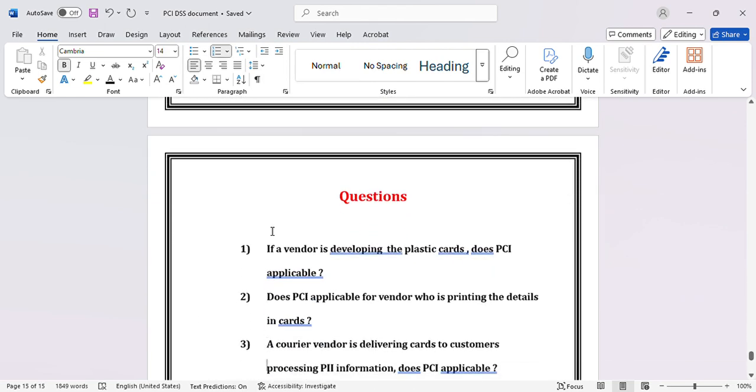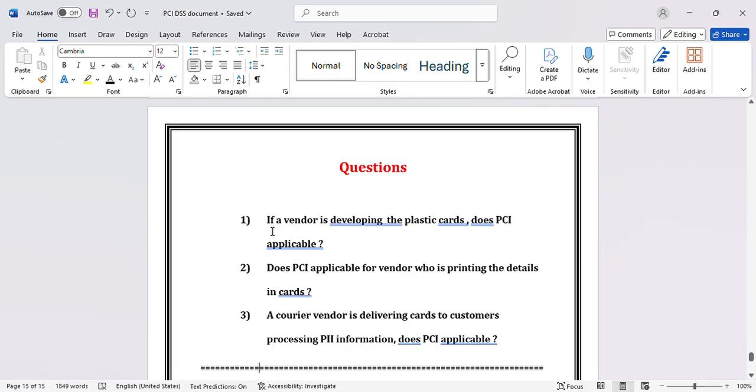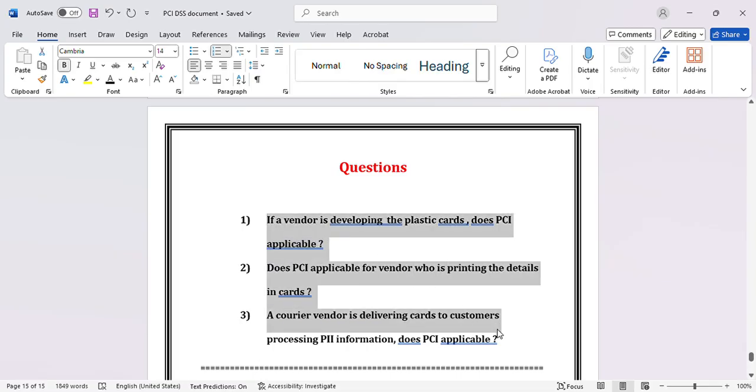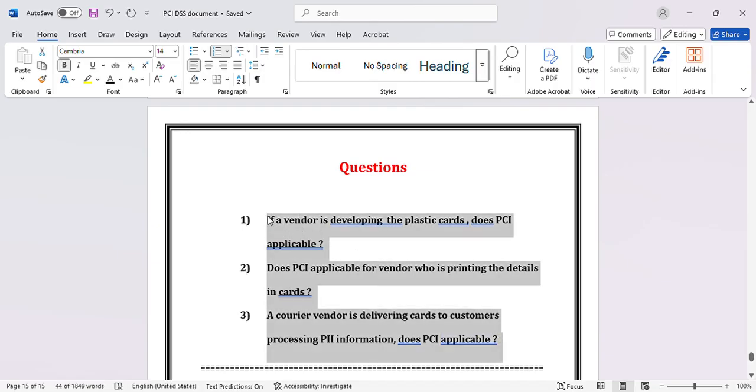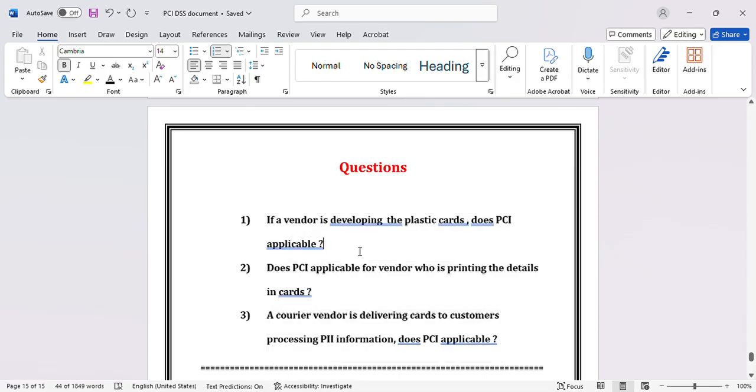These are a few questions which are very confusing about PCI. I am asking these questions to you. You can provide your answers in the comment box to ensure that you have understood PCI DSS compliance.